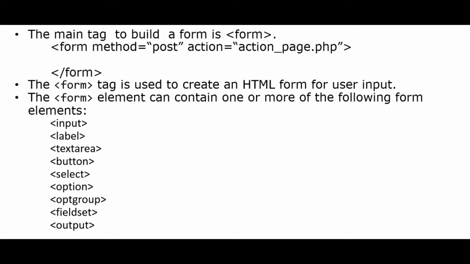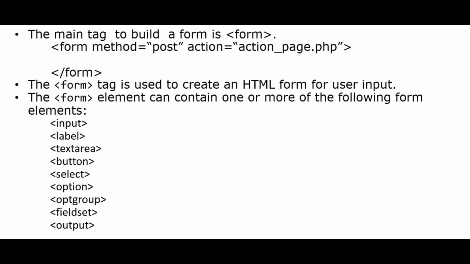There are optional attributes, which are method and action. Method is either get or post. Action means the page to which you want to redirect after the submit button. The form tag is used to create an HTML form for user input.